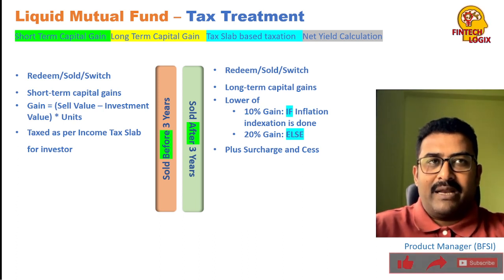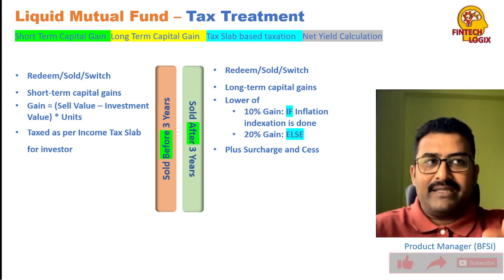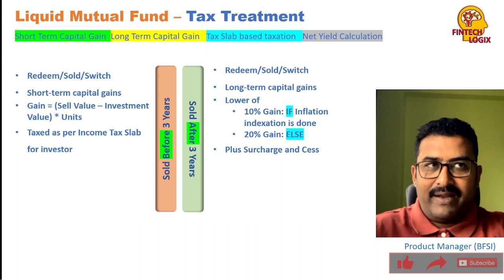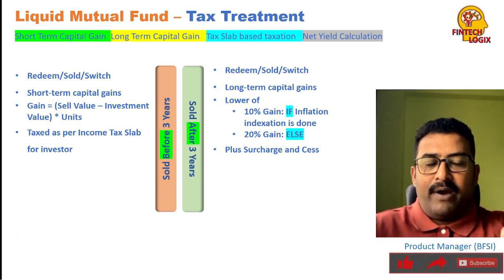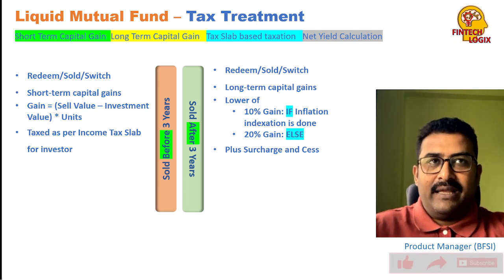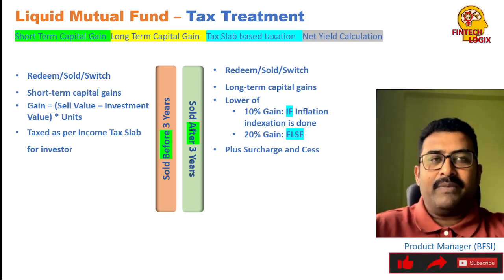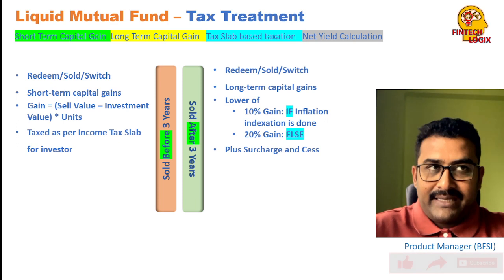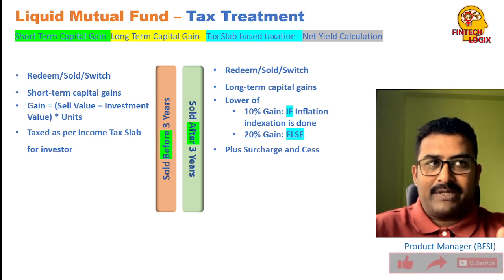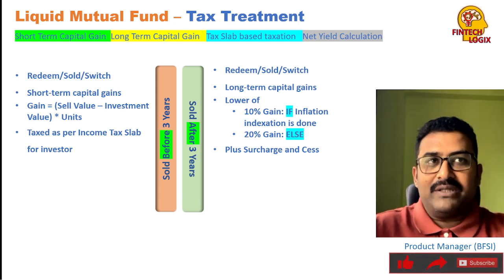When somebody says we are doing indexation, it means the purchase price, the investment value, is also adjusted as per the inflation rate. If your tax consultant does indexation, then 10% of the gain is taken as your tax. If it is not indexed, 20% of the gain is taken as your tax. And this definitely does not include your surcharge.